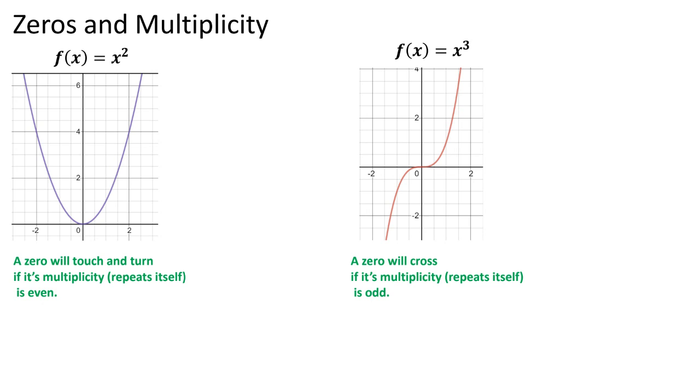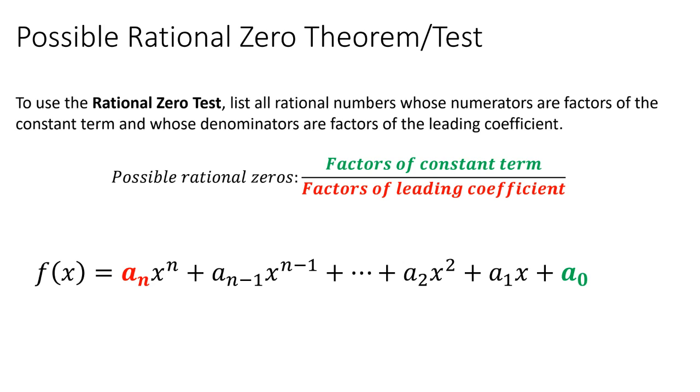It repeats, and it's a multiplicity of 2, or an even multiplicity. On this odd function, we see that the graph crosses the x-axis. So this is an odd multiplicity, because the graph crosses the x-axis.